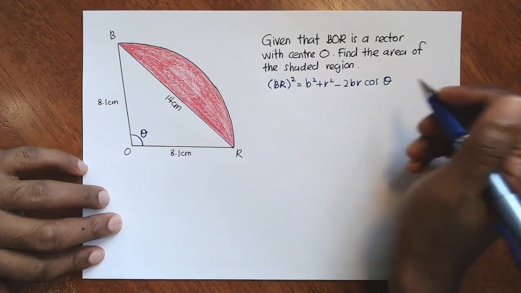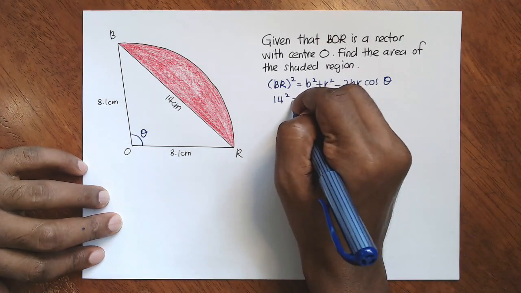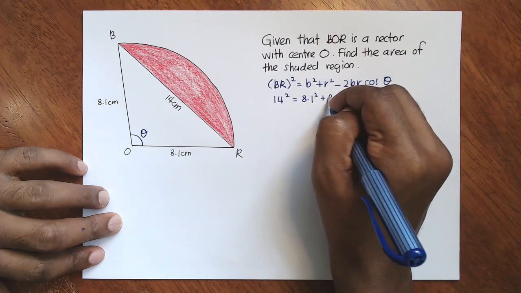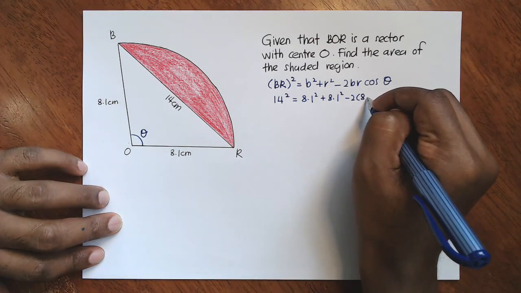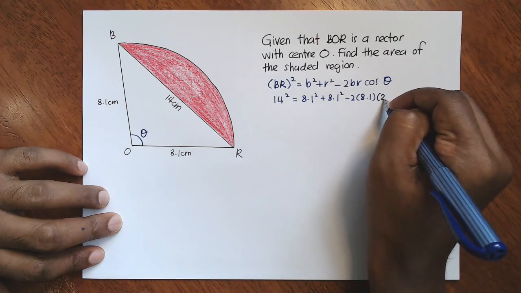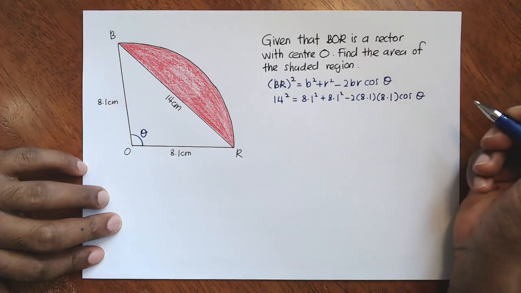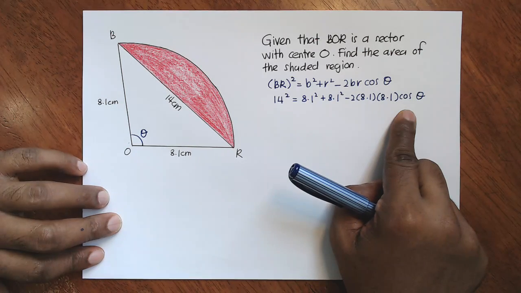Put the things in. So BR squared will be 14 squared equals 8.1 squared plus 8.1 squared minus 2 times 8.1 times 8.1 times cos theta. So you press your calculator like how I showed you before.